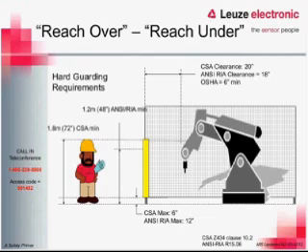So if we see here, we have our CSA, our ANSI, and our OSHA clearances that we go by. In a situation like this, per CSA, we need a guard that is a minimum of 72 inches, or 6 foot, around. For ANSI RIA, minimum of 48 inches. And what that gives us is our clearance. So CSA says 20 inches.